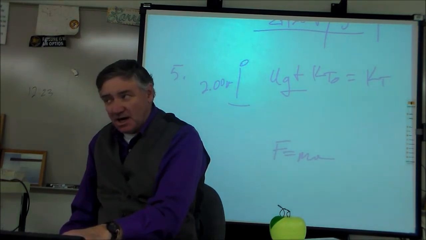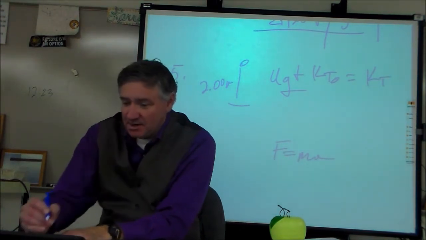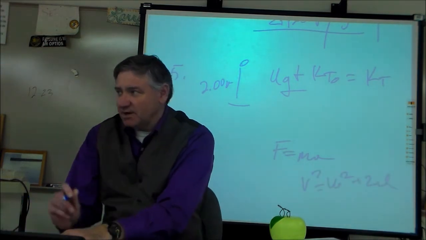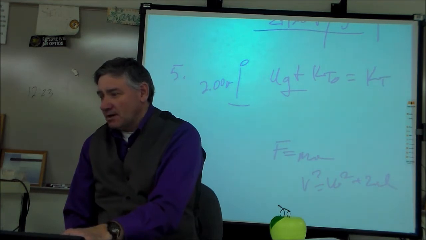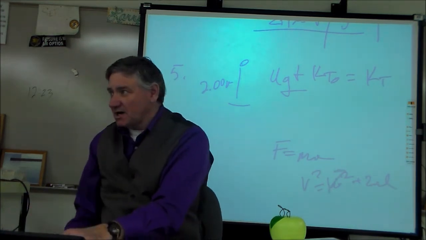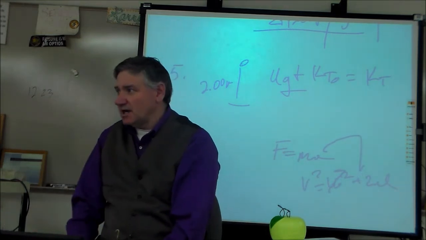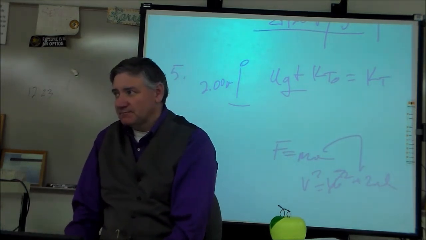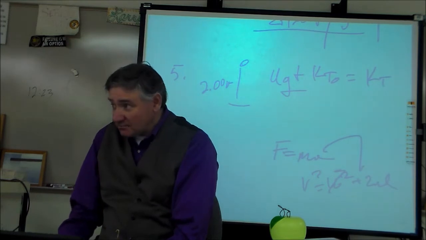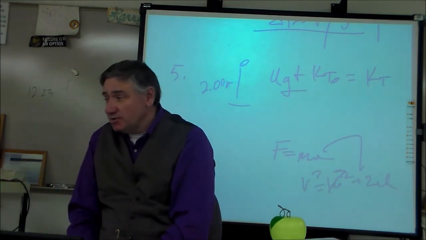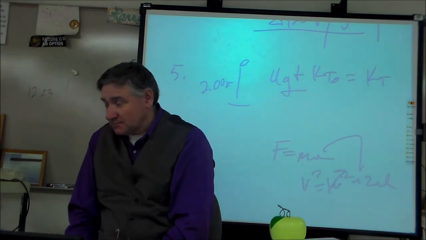Then you could use V squared equals V naught squared plus 2AD, set the initial velocity of the rocket to be 0, use that acceleration, and you know the distance. You can do it that way, but don't. Well, you can, if you're old school, but it's just a lot of work.